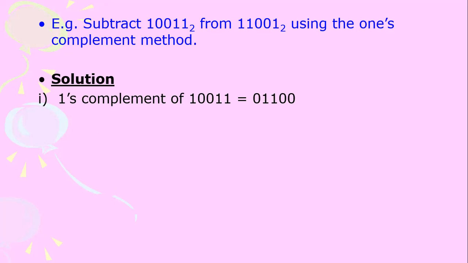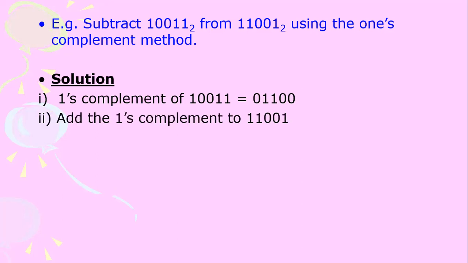So we get 0, 1, 1, 0, 0. Then add the 1's complement. In other words, add what you have gotten to the subtrahend, 1, 1, 0, 0, 1.